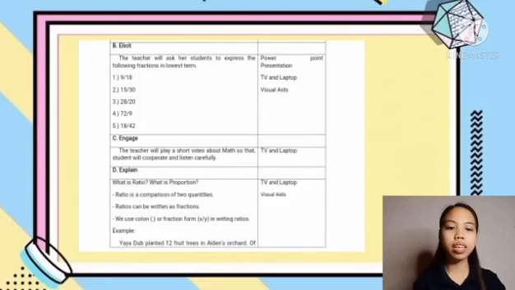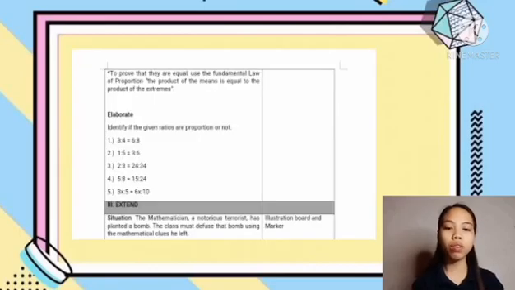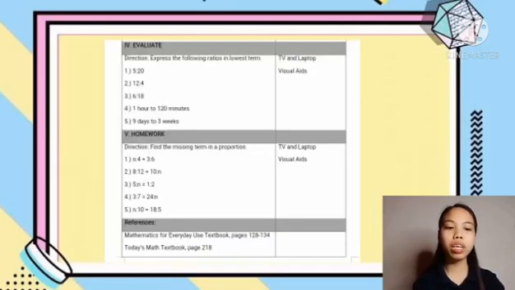Next is the time in which the teacher instructs and presents the information. After that is the time for the students to practice what they learned. And when the teacher finishes the lesson, they need to evaluate by providing a short quiz.